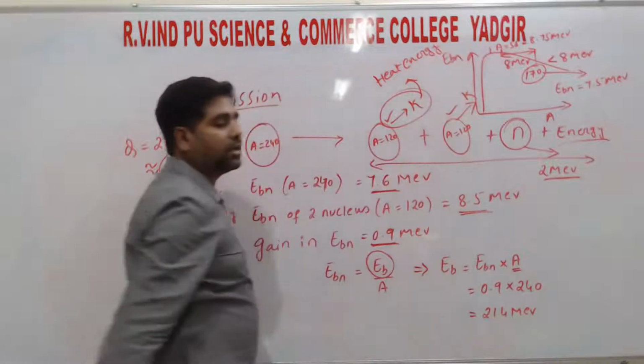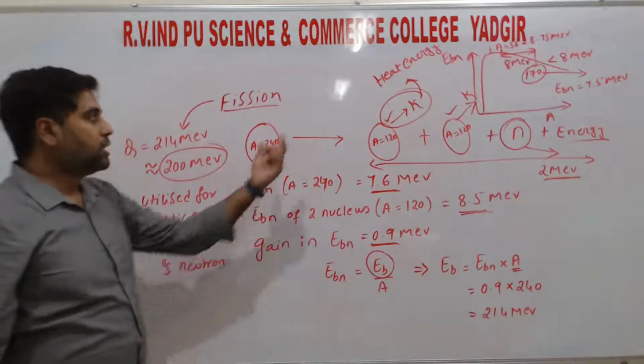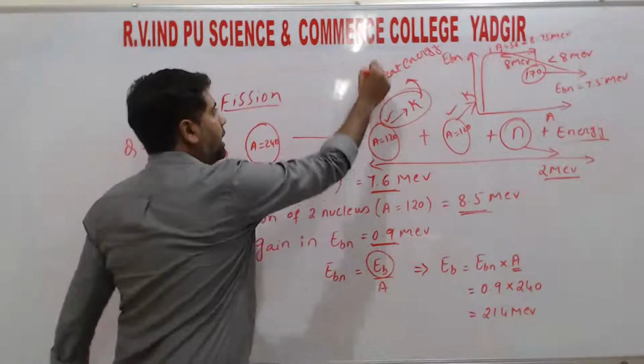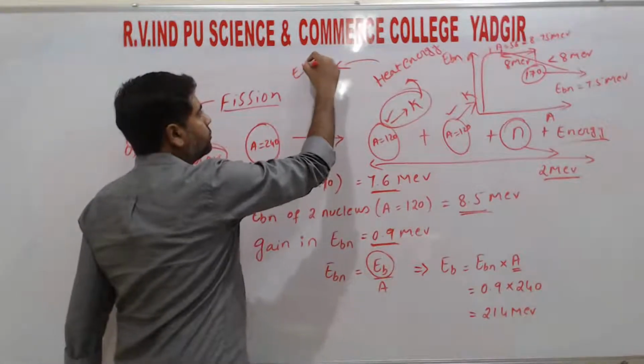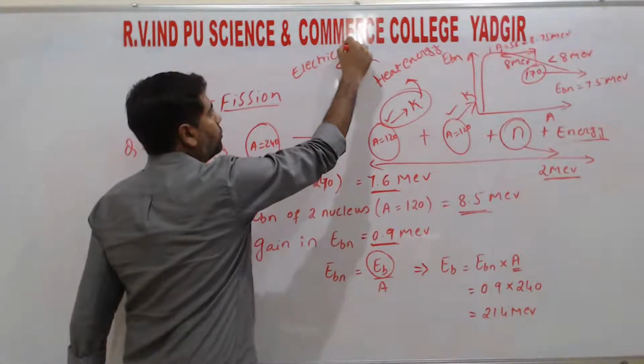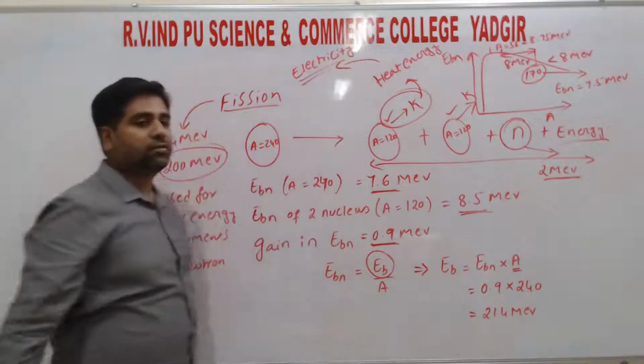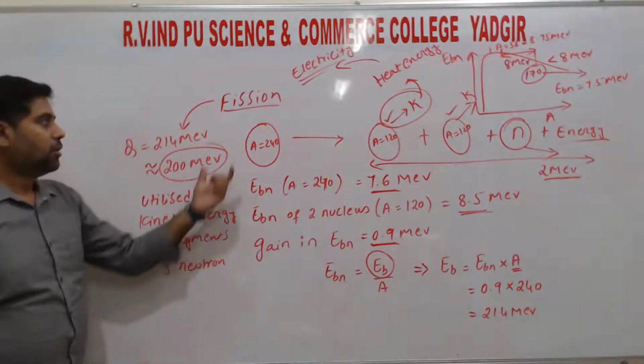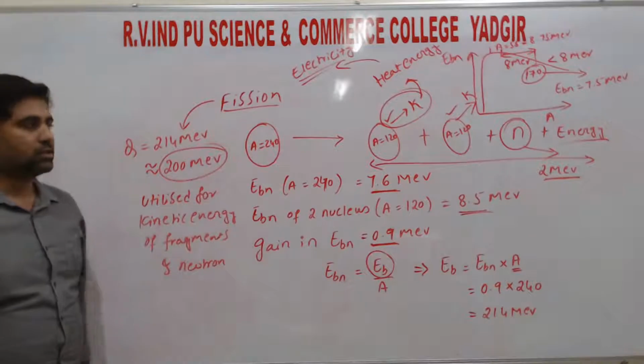From this heat energy we produce electricity. So this is how the energy released during the nuclear fission process is used, right?